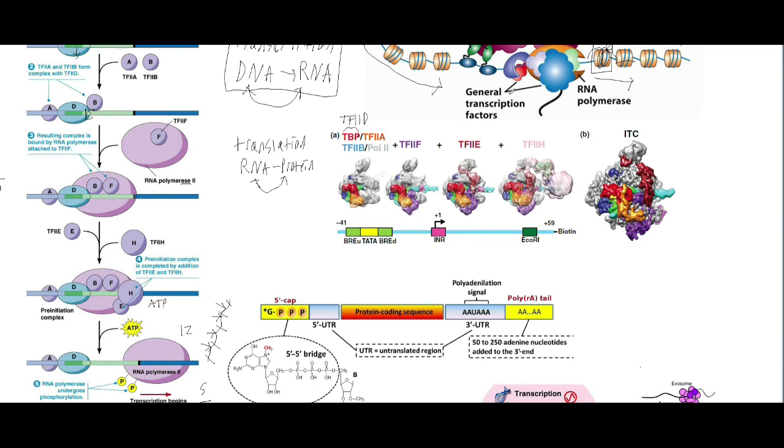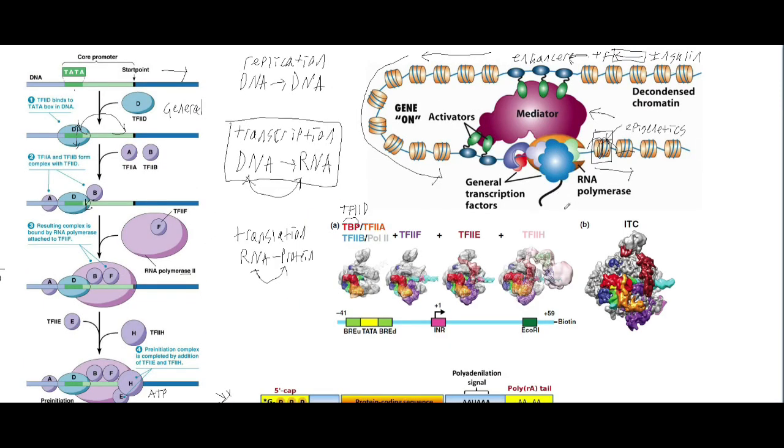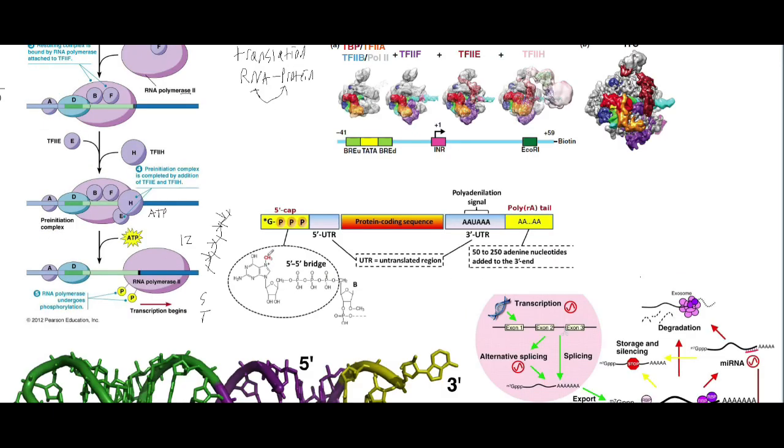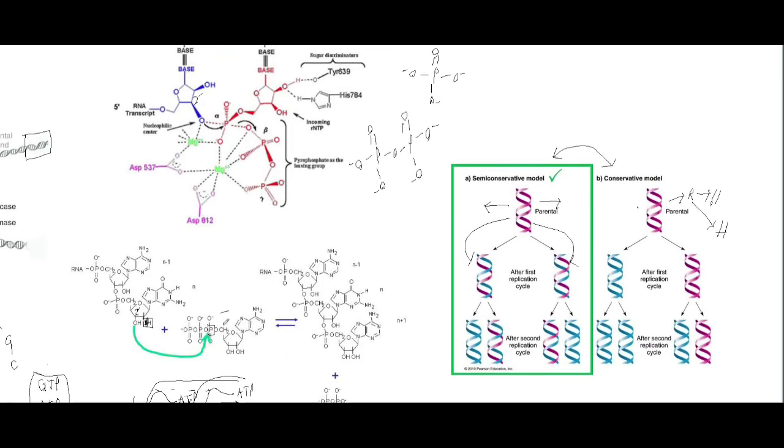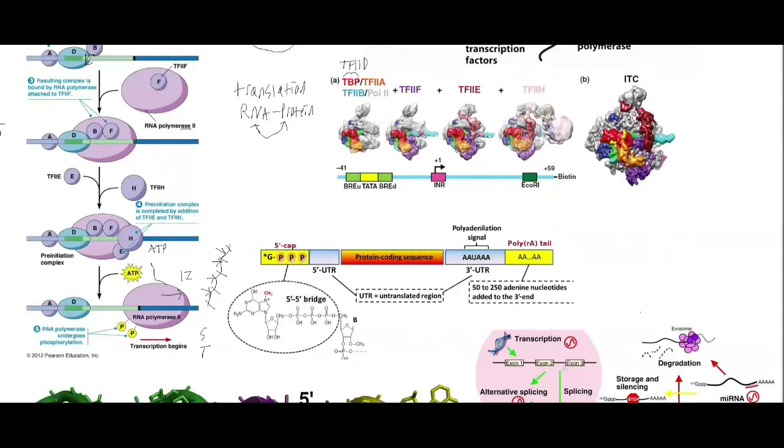So when the RNA comes off of here, so when you're transcribing, you would start having an RNA strand coming out of here that's growing as this moves down the DNA, because you're doing this reaction down here, adding new nucleotides onto the RNA.